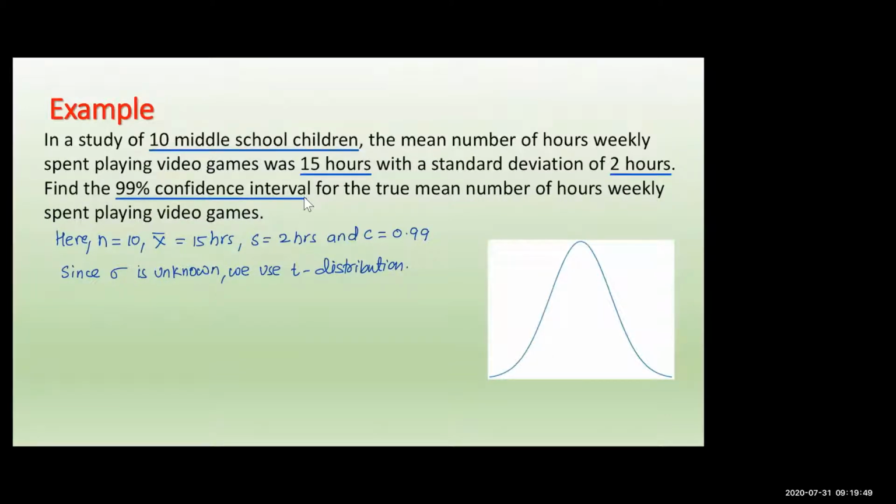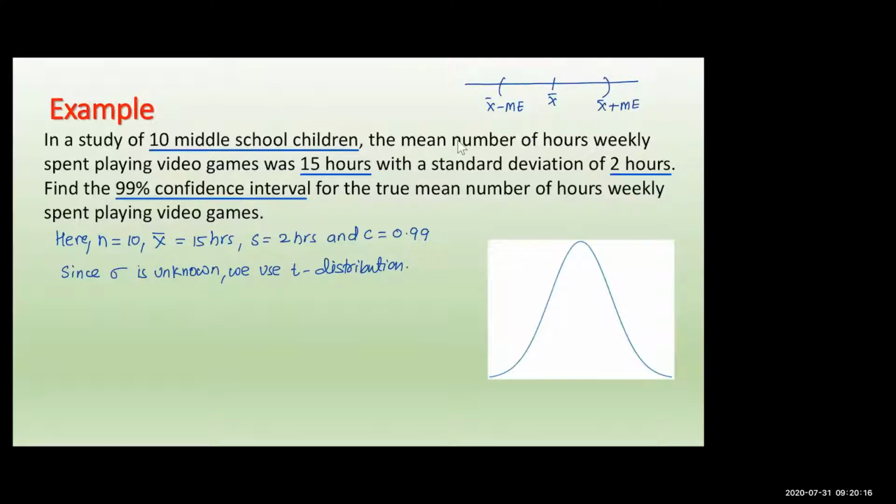Whenever we are constructing a confidence interval, in the middle we have the point estimate. Because we are talking about the mean, the point estimate will be the sample mean. Then on the left end of the interval, you'll have the point estimate minus the margin of error, and on the other side, you'll have the point estimate plus the margin of error.